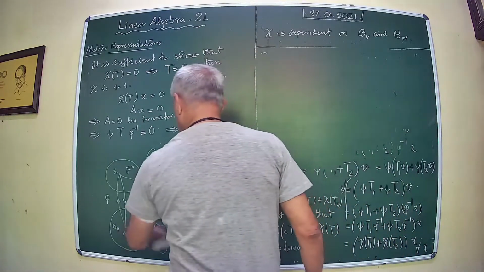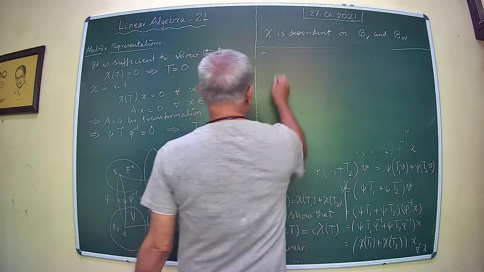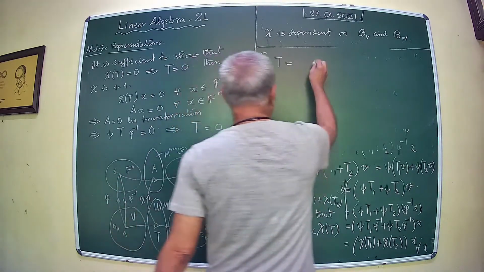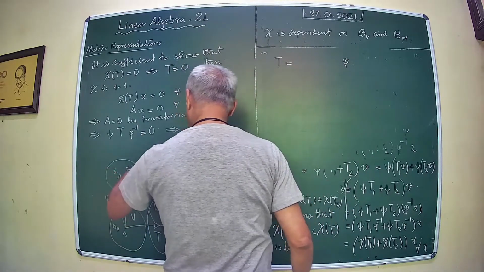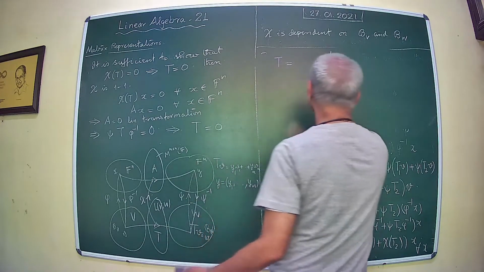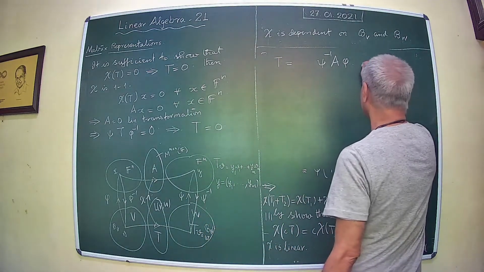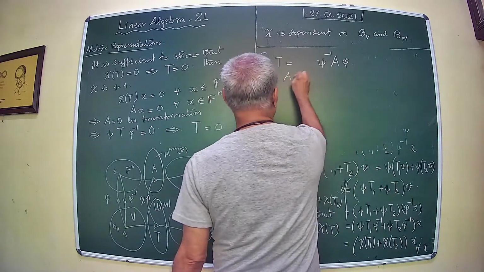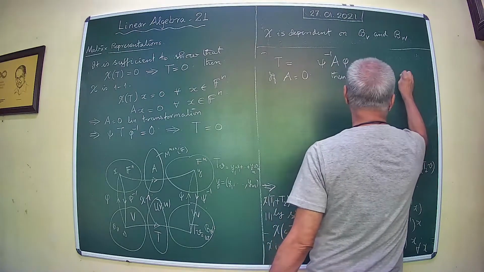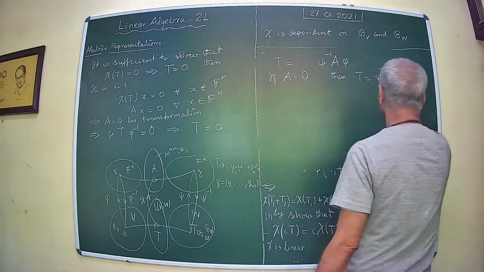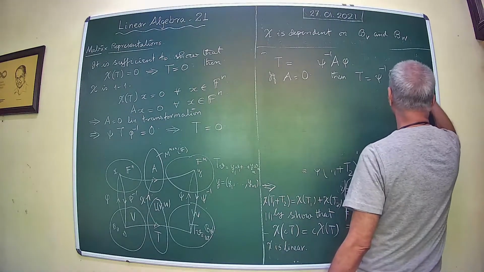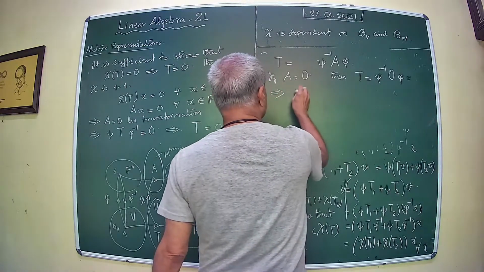See, you can see T. What is T? T is actually equal to phi on one side, then A, then psi inverse, okay, which is equal to, now if A is the zero matrix, then T is equal to psi inverse 0 operator phi, which is equal to psi inverse of 0, which in turn implies T equal to 0.